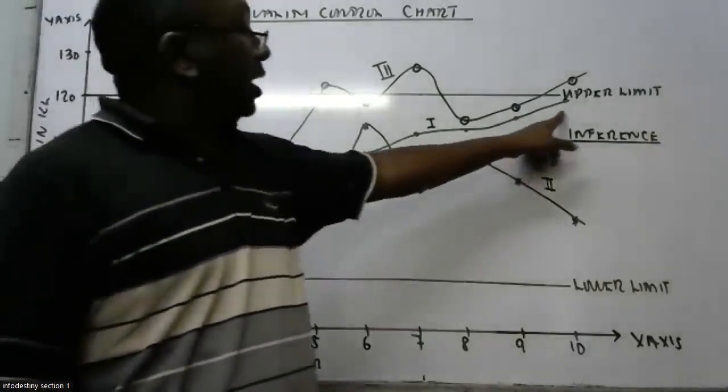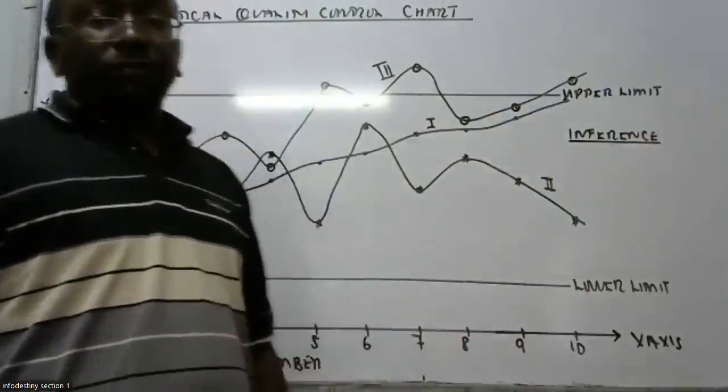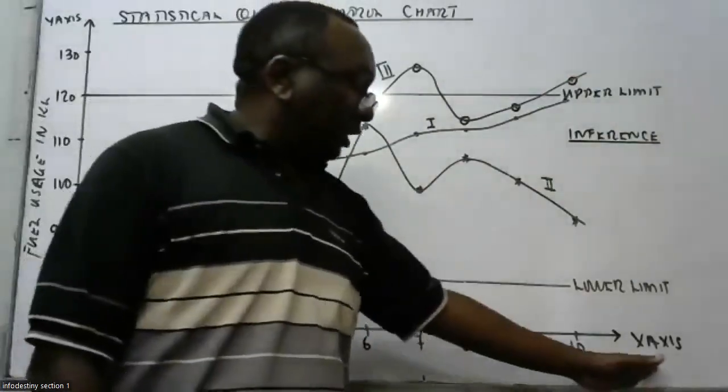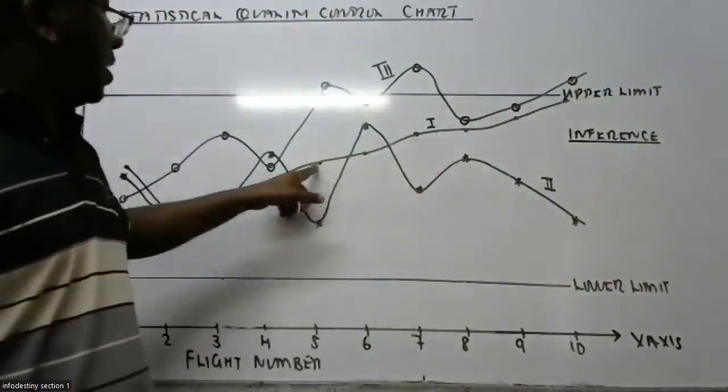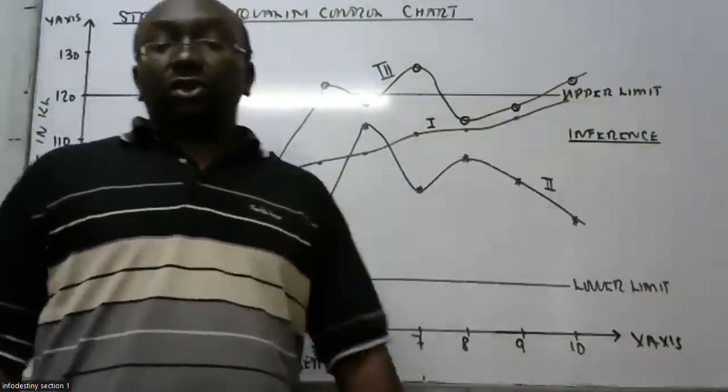You can see by the time we get to 114, 112, 114, the pattern is to be maintained. So caution should be taken.